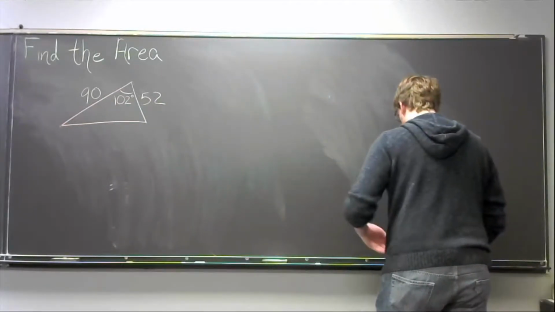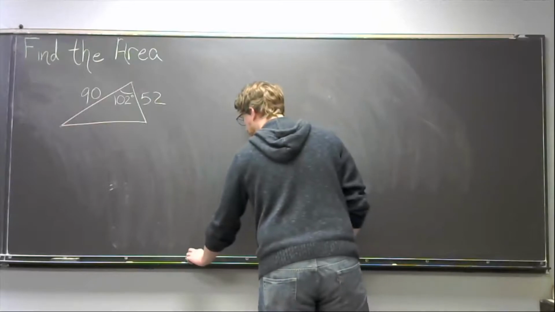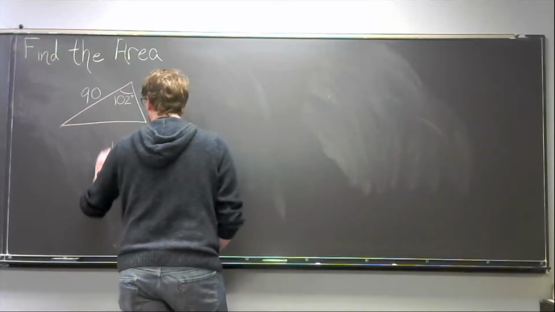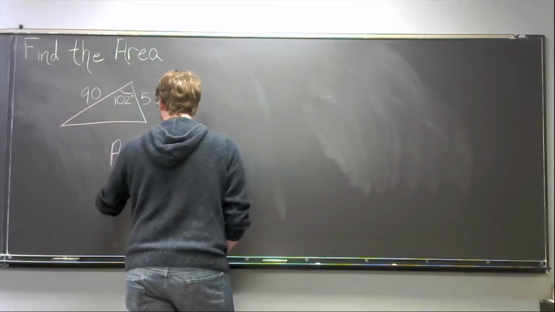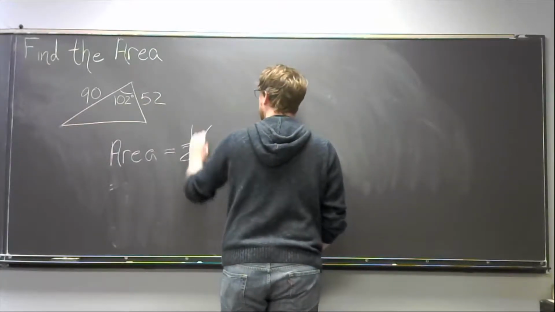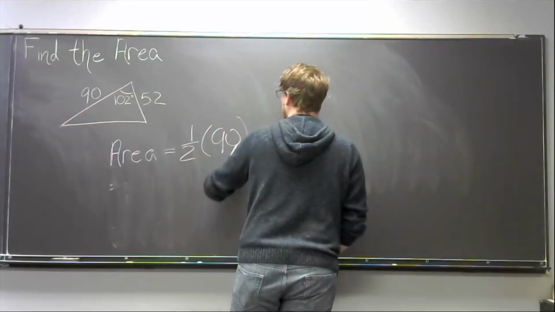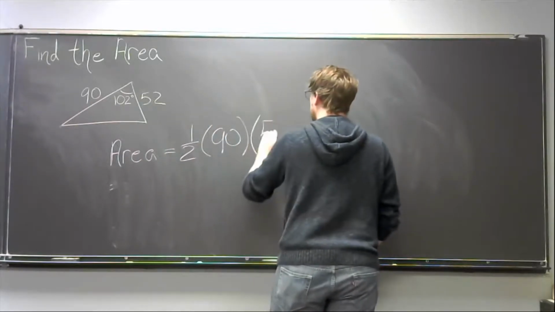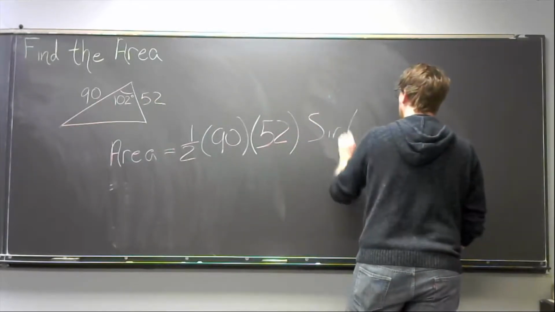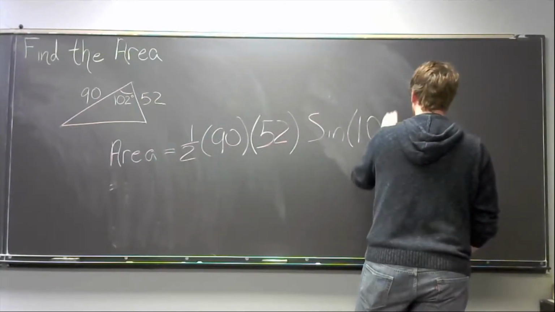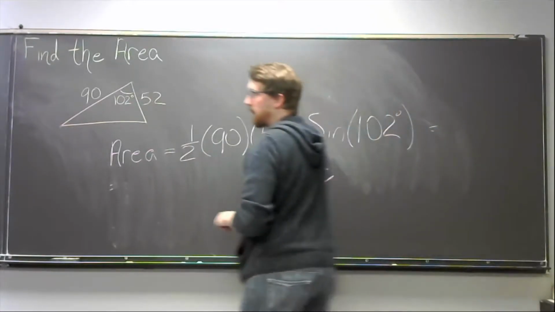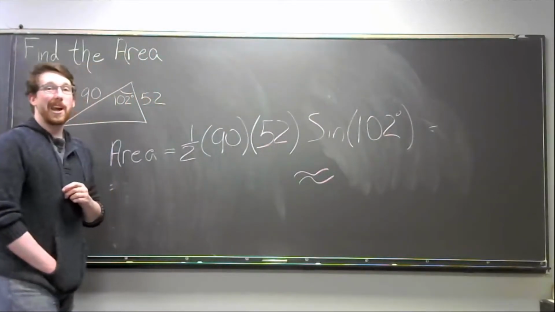So to find the area of this particular triangle, we would take area is equal to 1/2 times 90 times 52 times the sine of 102. And this is going to be approximately 2,289 meters.